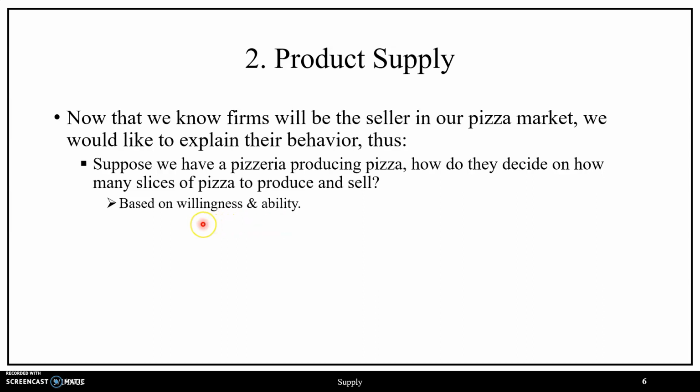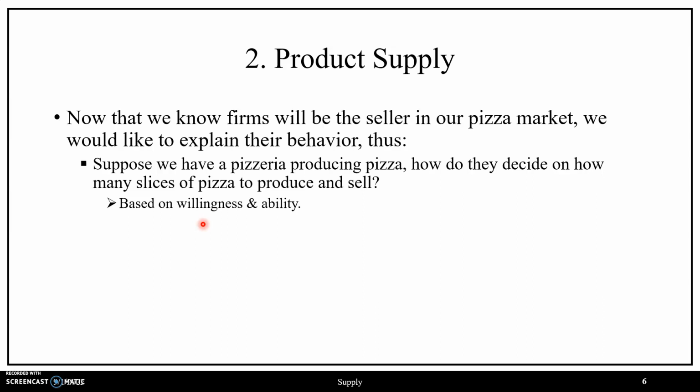Now, in terms of willingness, when the firm uses their factors of production to produce pizza slices, that is, they use their employees at their location with their pizza oven and ingredients, costs will be associated with this, in that it costs money to rent out the space, it costs money to pay employees, as well as to get ingredients together. Furthermore, when they do produce these pizza slices, they will then sell them at a particular price point.